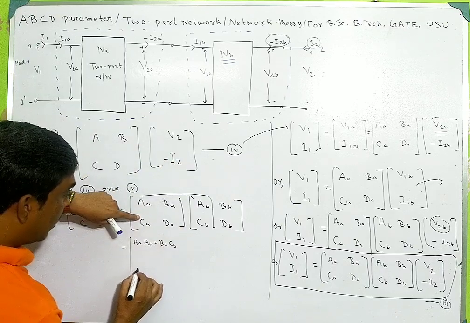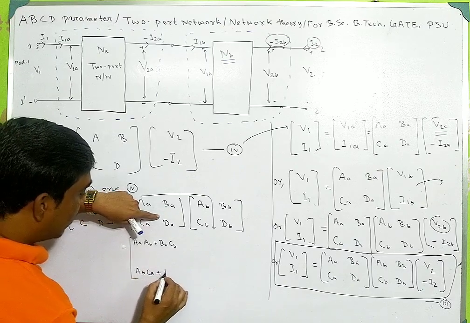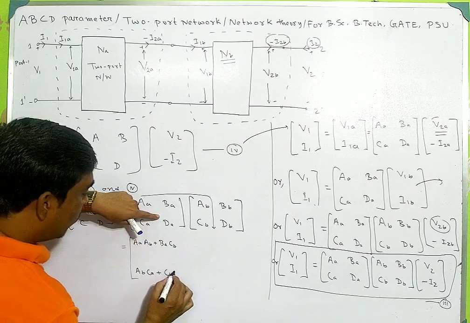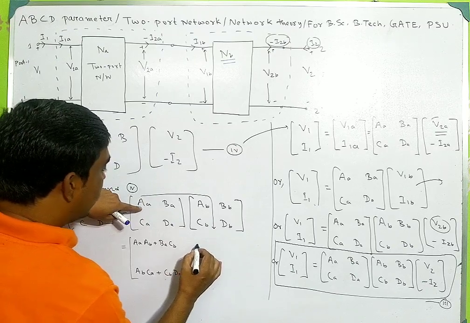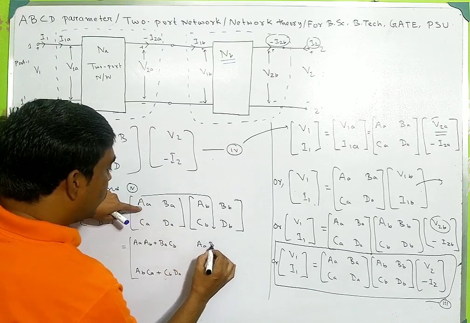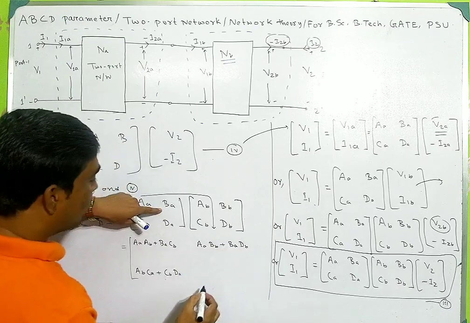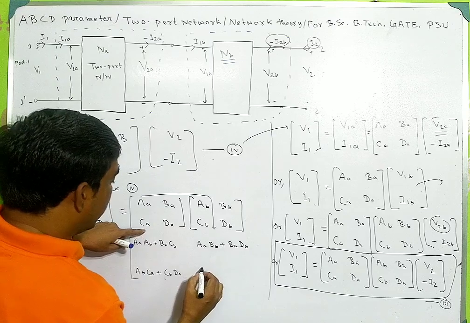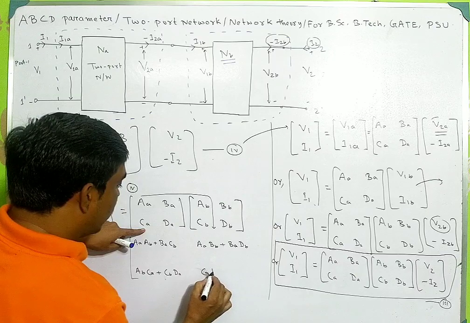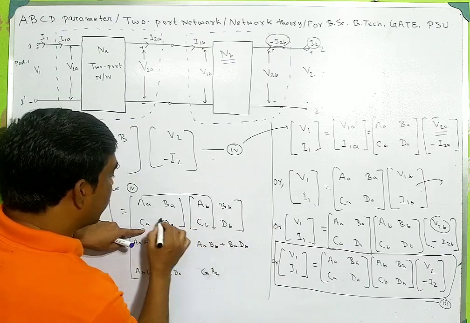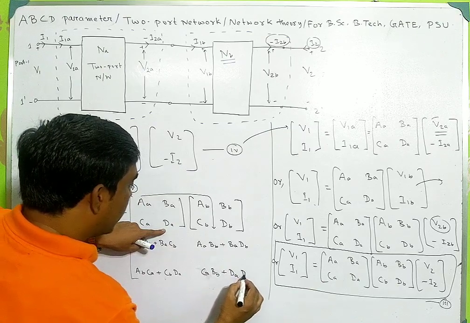This is AB into CA plus CB into DA, and in this way here this is AA BB plus BA DB, and here it will be CA BB plus DA DB.